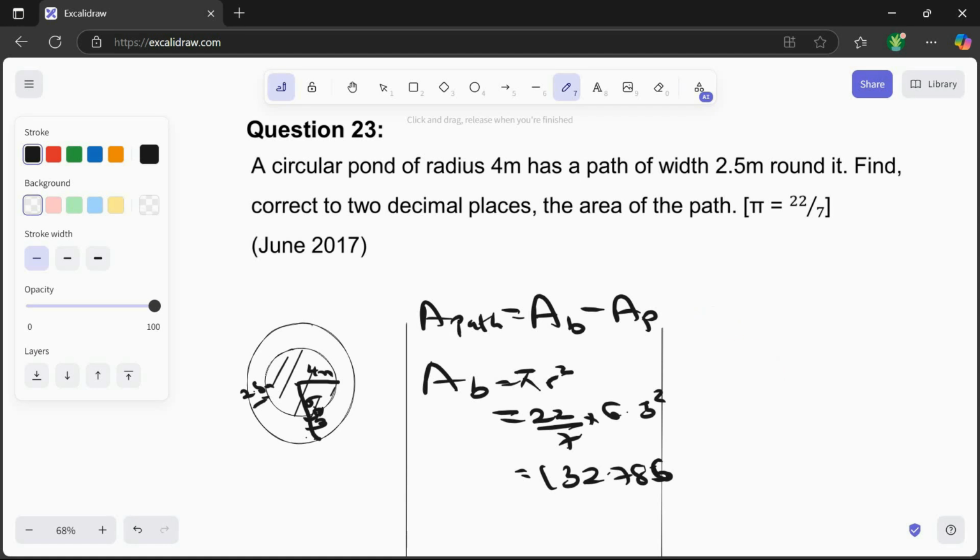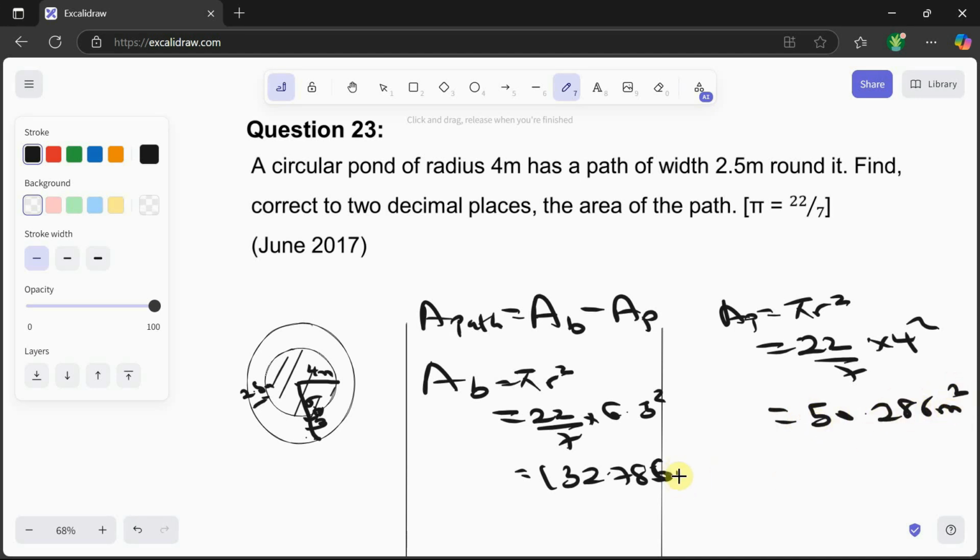Then the area of the pond would also be pi r squared, which is 22/7 times 4 squared. That will be 50.286 meters squared. So this is also meant to be meters squared.